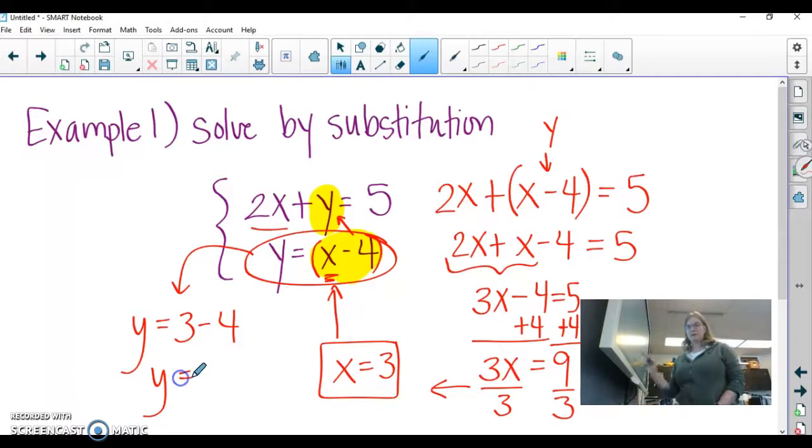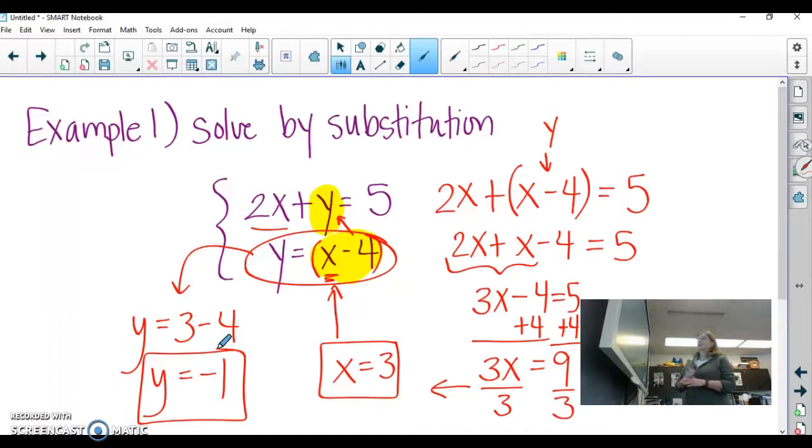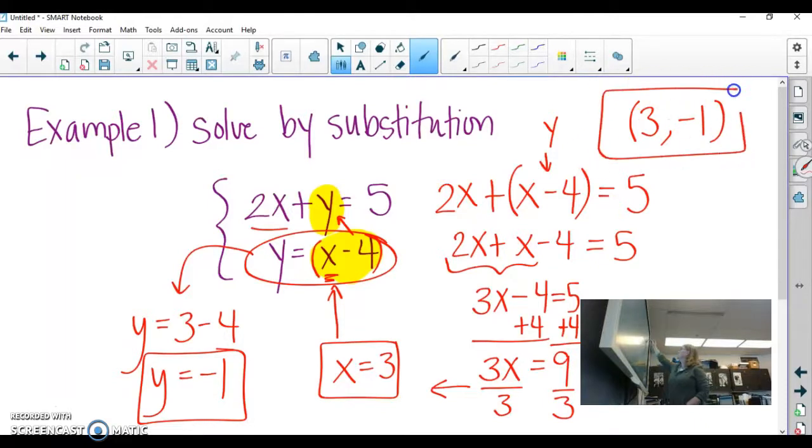We get y equals 3 minus 4, which is negative 1. So the point where these two graphs would intersect would be the ordered pair (3, -1), and this would be our solution to the system, as long as I didn't make any mistakes.